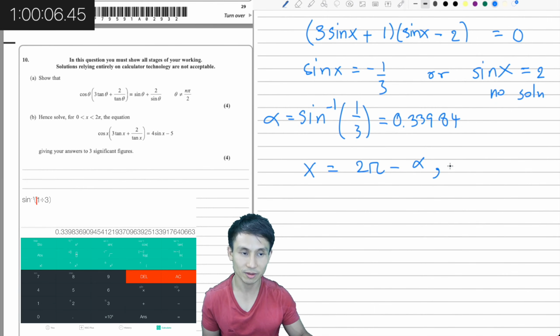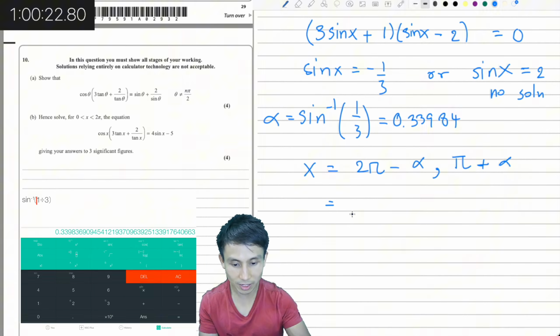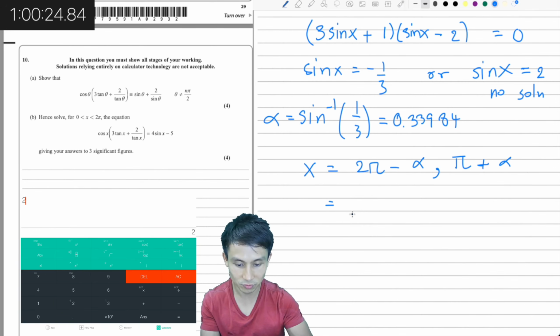Or the other one is pi plus alpha. Yeah? So it's in quadrants 3 and 4 if you can imagine the CAST diagram for sine of negative value. So we're going to do answer for that.